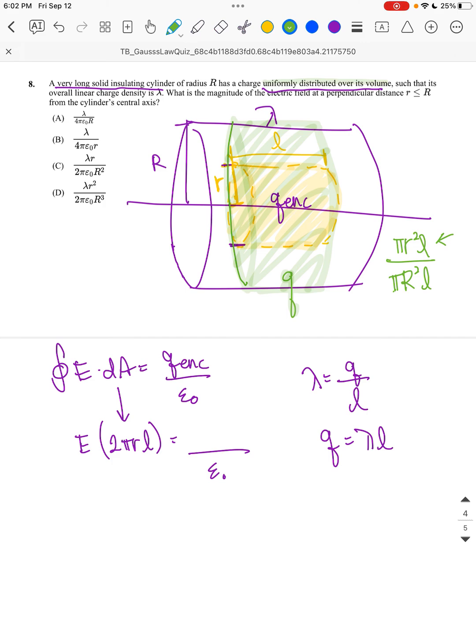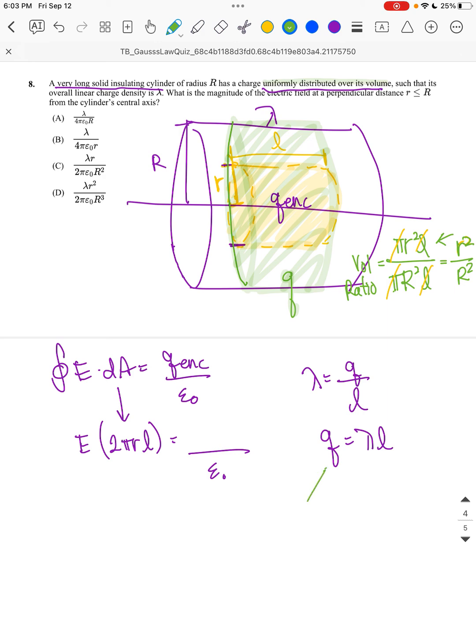So by simplifying this down, I know that the smaller volume over the bigger volume has a ratio of r squared over big R squared. This is the volume ratio. And again, that volume ratio is going to be the same as the charge ratio because of uniform charge distribution.